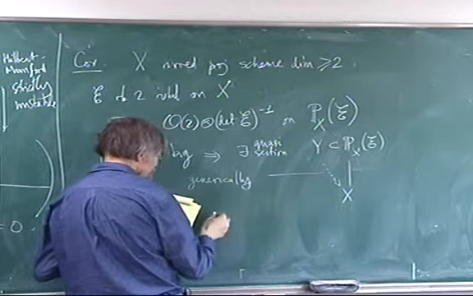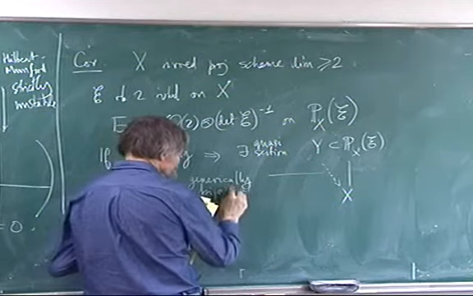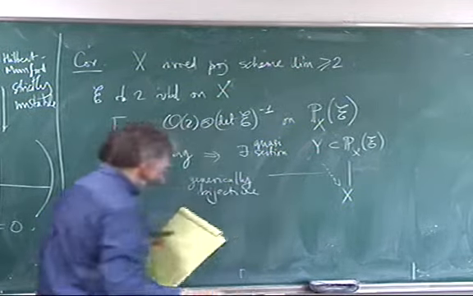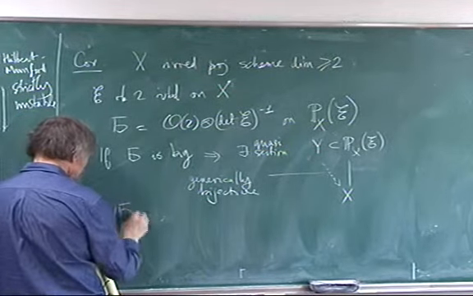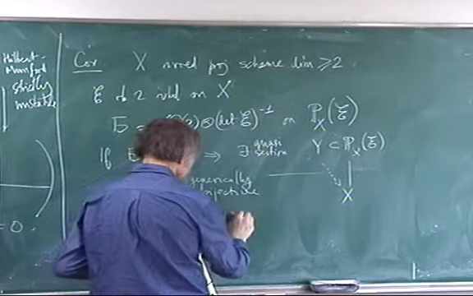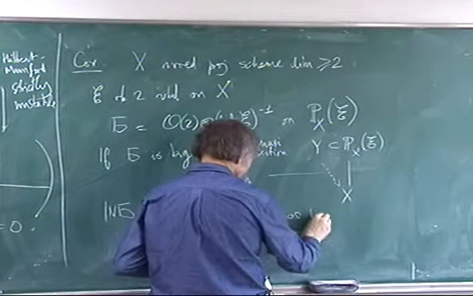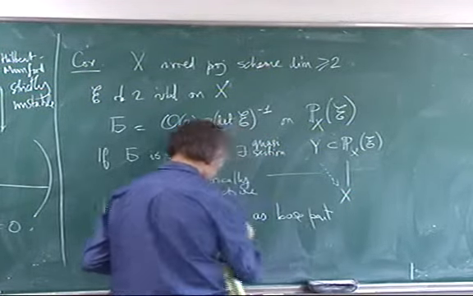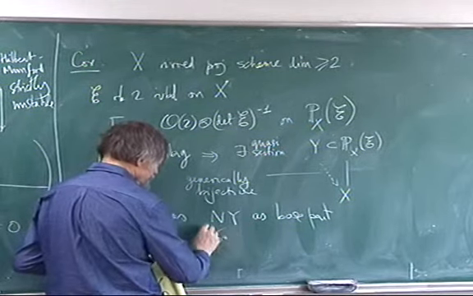Oh, it's inseparable over the generic point if you want. It's generically bijective. And NB has NY as base part. So, of course, n over p to the n if it's inseparable of degree p to the n.